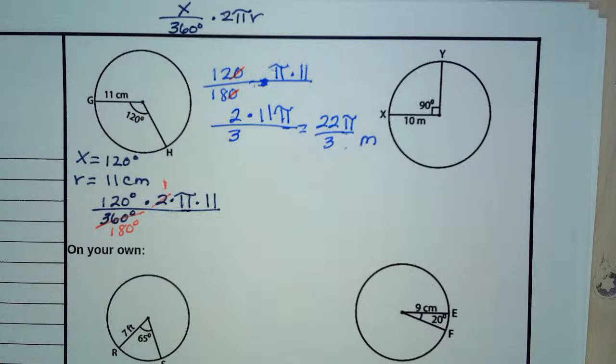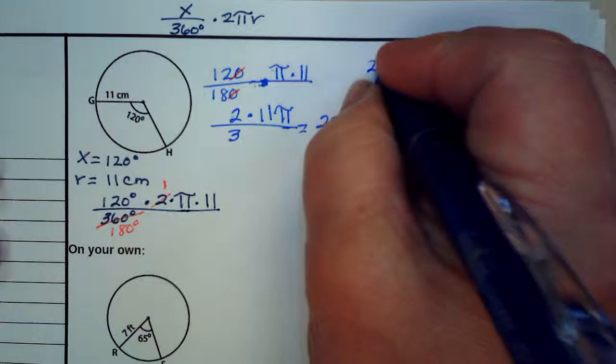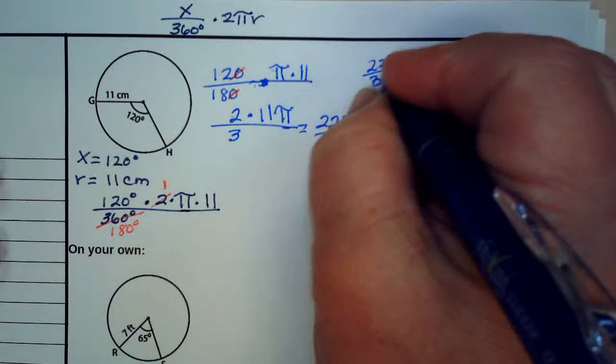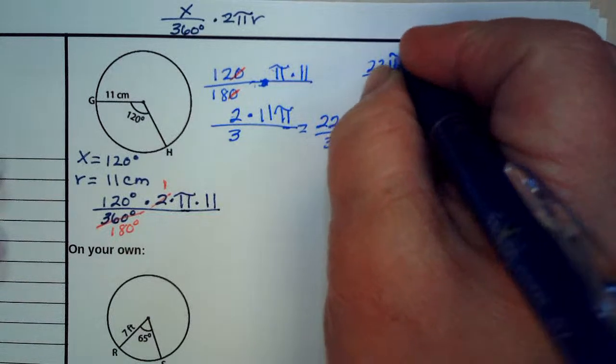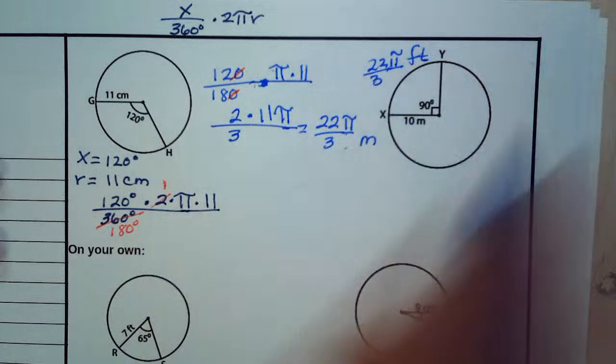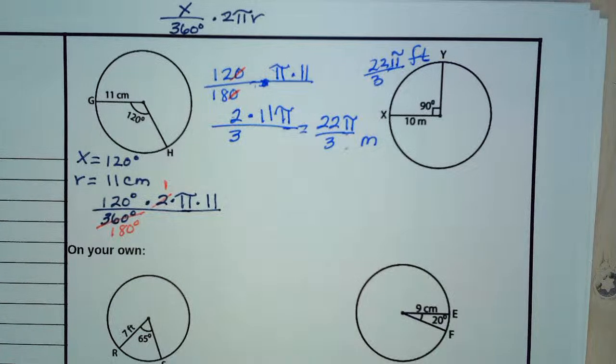You still are over 3. 22 pi because you've got pi in the denominator. And this arc length would be 22 over 3 pi feet. We leave the pi in because that gives us that exact answer that we always need.